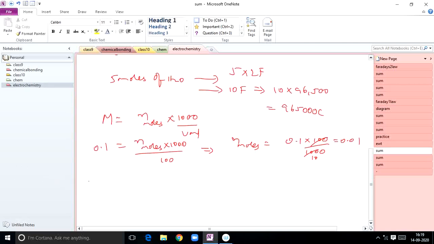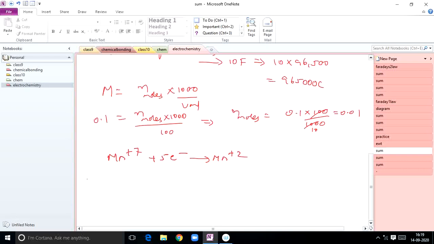In the previous case, you know, potassium permanganate, what is the change in oxidation state? Mn plus 7 plus 5 electrons gives rise to Mn plus 2. So in order to reduce that, for 1 mole, how many? 1 mole of KMnO4 requires 5 Faraday, right? Now according to that, 0.01 mole of KMnO4 requires how much?